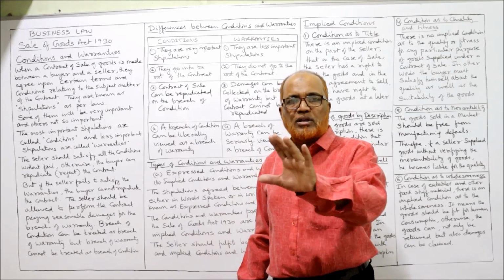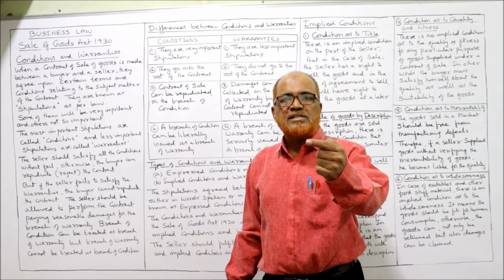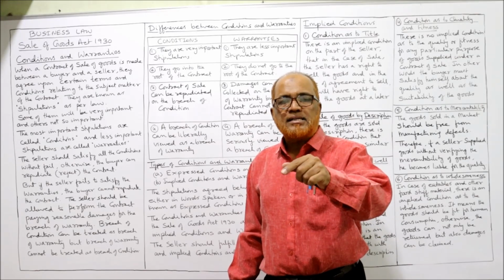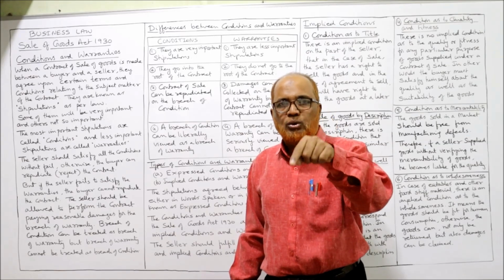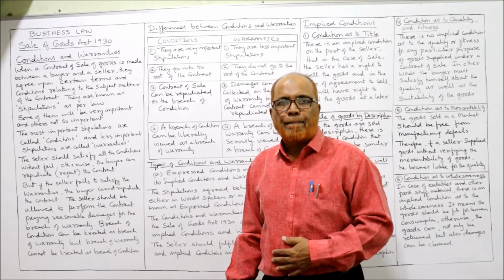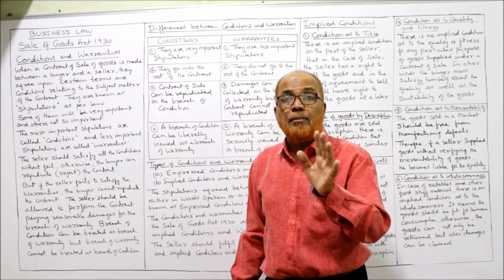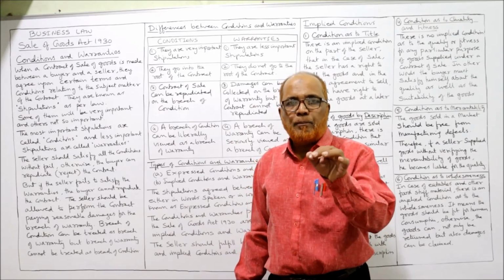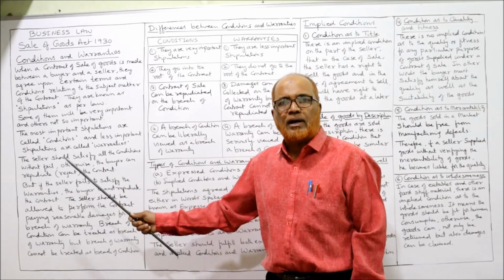Now I think your concept is clear. In specific words, conditions are those stipulations given by the seller to the buyer regarding the subject matter of the contract which are very important.